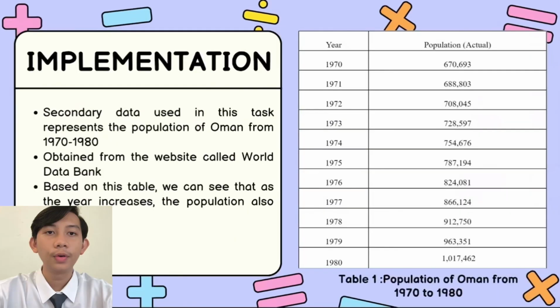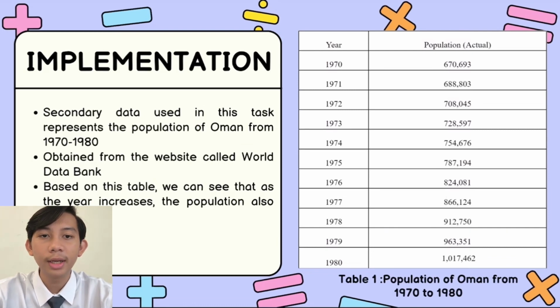For the implementation, the secondary data used in this task represent the population of Oman from 1917 to 1918. We obtained it from the website called World Data Bank. Based on this table, we can see that as the year increases, the population also increases.